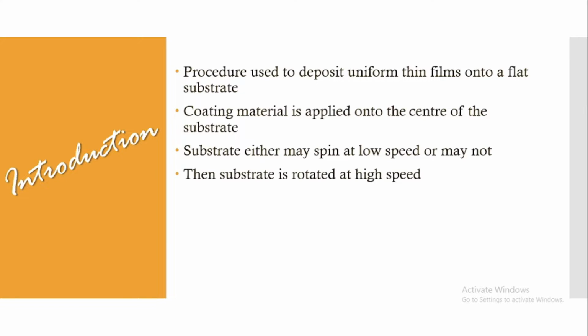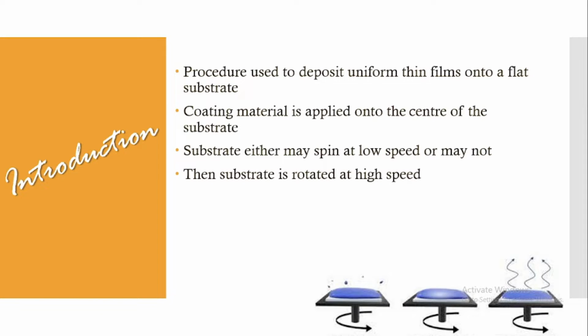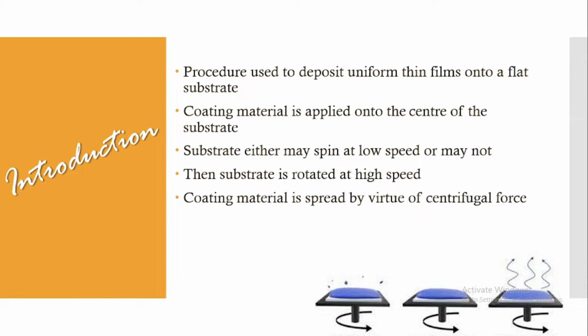Once it is put, the substrate is then rotated at a high speed in order to spread the coating material. As the rotations are given, coating takes place, which means the principle behind it is the centrifugal force itself. That is, the coating material is spread by virtue of centrifugal force.